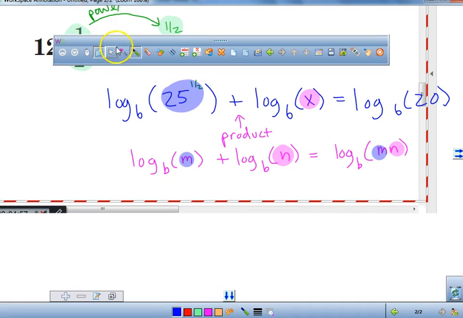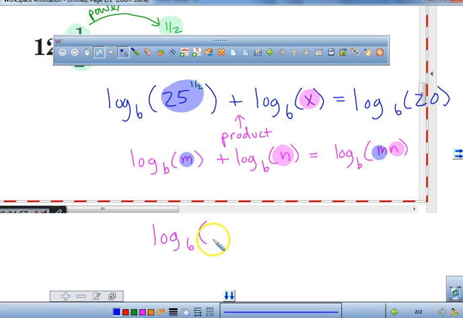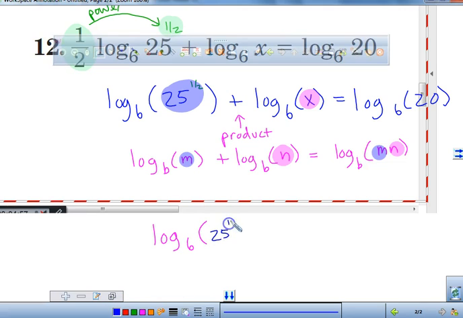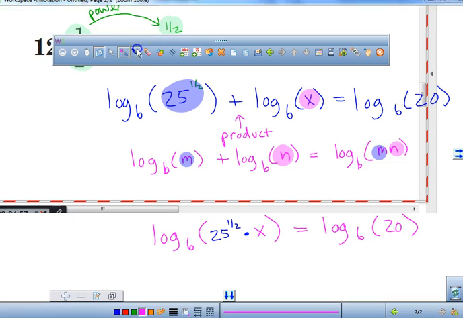So right now I'm going to rewrite this as log base 6 of open parentheses, I have 25 to the 1/2 power times the value of x equals log base 6 of 20. And hopefully you can see that all I've done is simply multiply 25 to the power of 1/2 times the value of x.